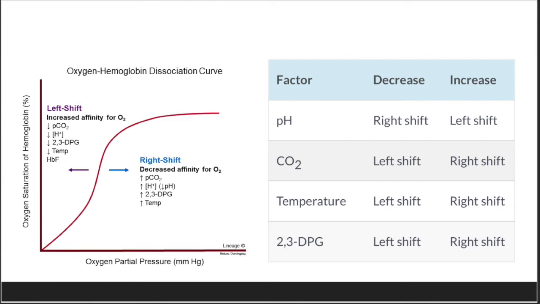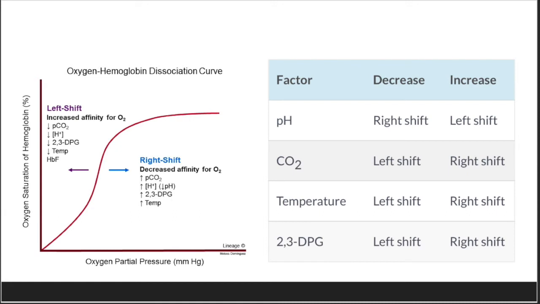So if your CO2 goes down, your pH goes up, right? Well, if your CO2 goes down and your pH goes up, that means you're going to have acute alkalosis, resulting in decreased levels of CO2, telling you that you don't need to breathe as much because you have the oxygen there, right? And then you have a smaller crowbar, or the smaller key of low 2,3-DPG.